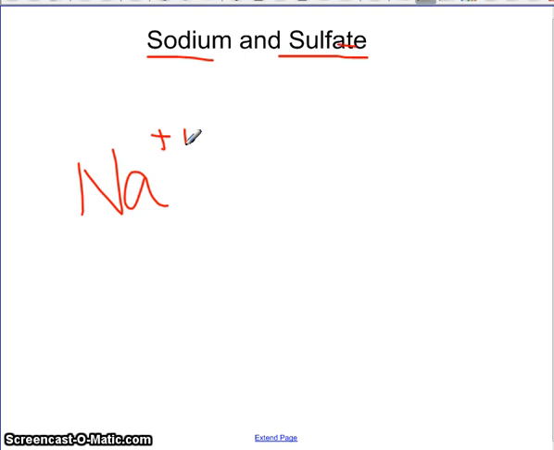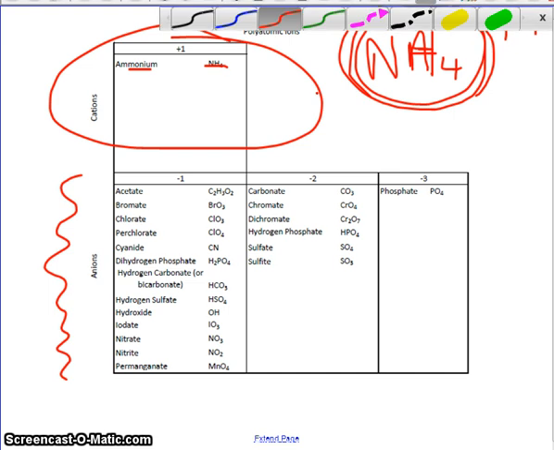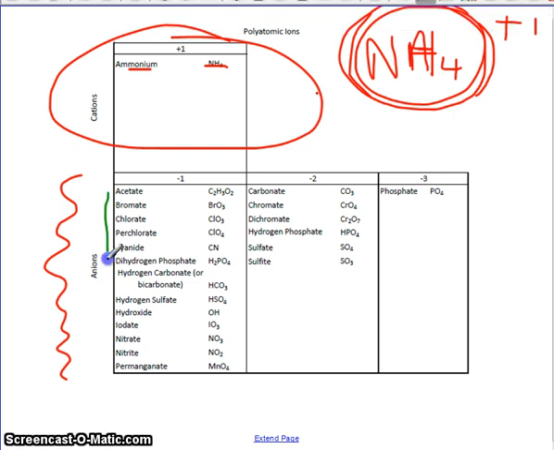Sulfate, notice that it ends in ate. If we come over to that list again, we need to look through here. Sulfate is SO4 and it has a -2 charge.